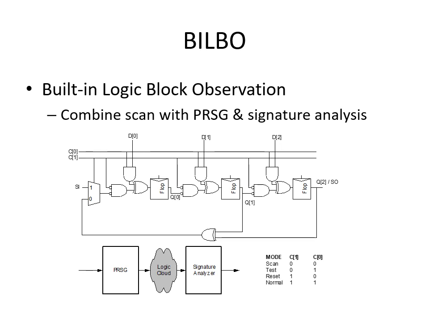If C1, C0 values are 0 and 0, then it works in scan mode. If C1, C0 values are 0, 1, then it works in test mode. If C1, C0 values are 1, 0, then it works in reset mode, and if C1, C0 values are both 1, then it works in normal mode.